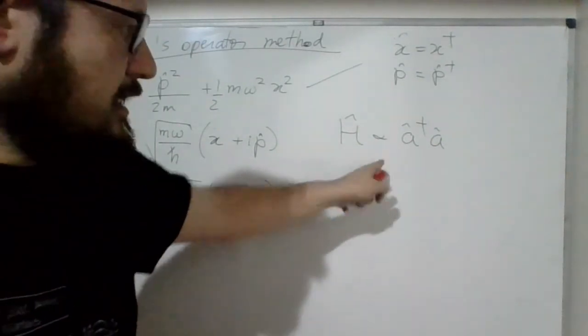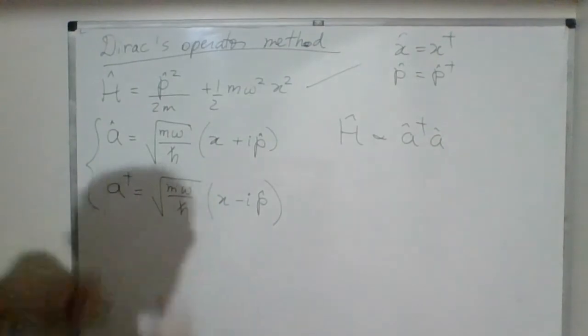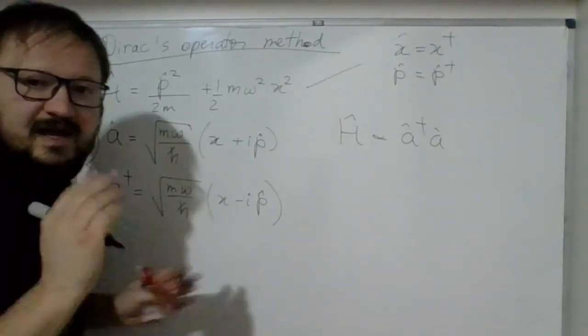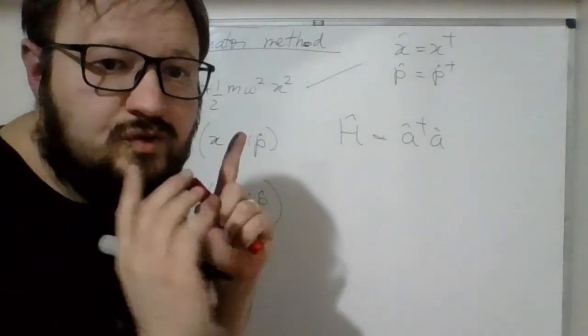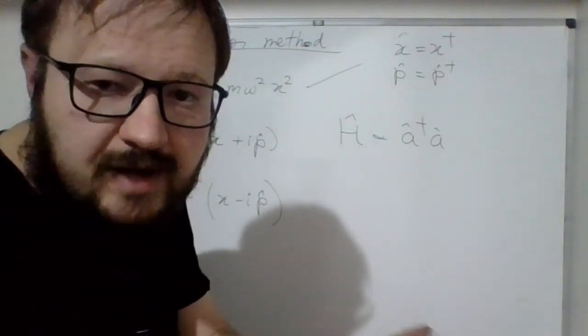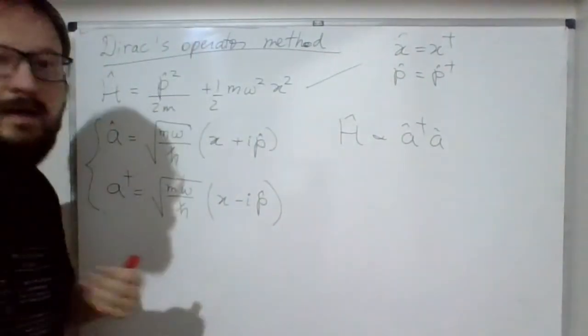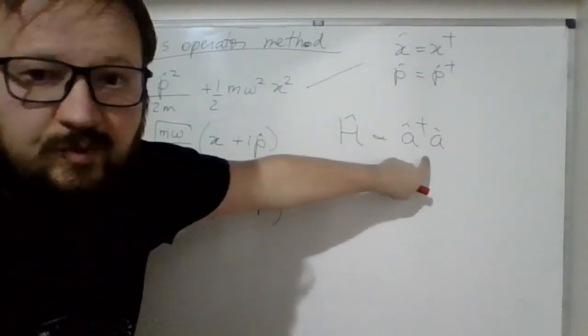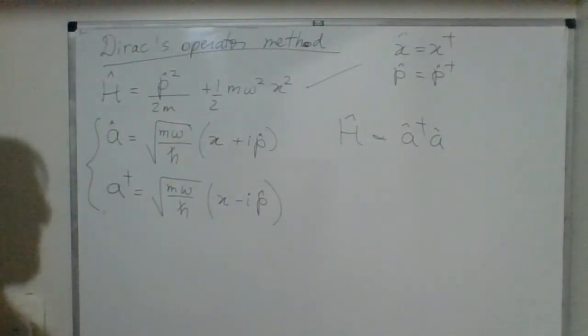But I must take into account that x and p do not commute with each other. The Hamiltonian can be written as proportional to that product.